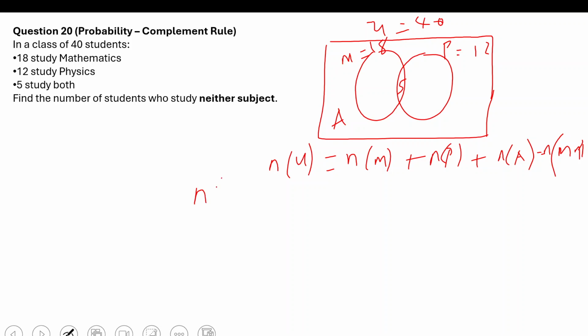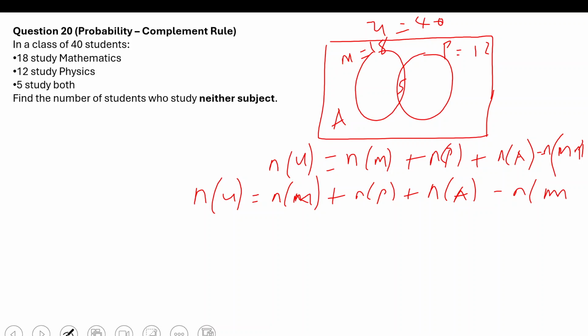The number of the universal set equals the number that studied mathematics plus the number that studied physics plus the number outside, the complement, minus the number of maths intersect physics.